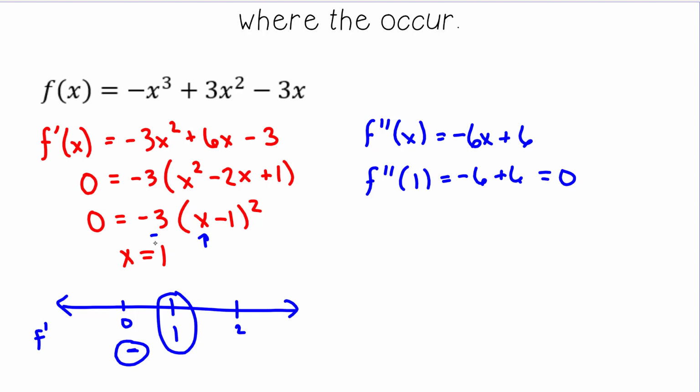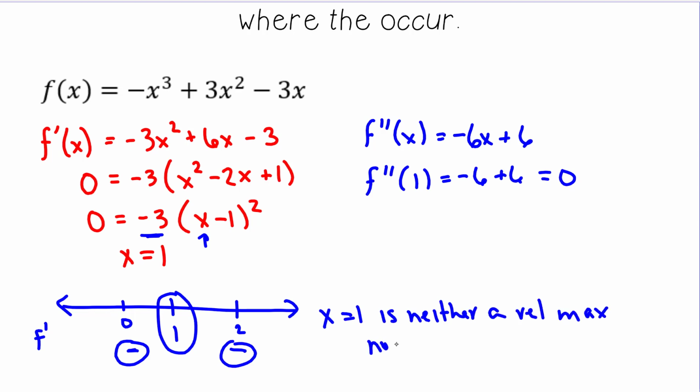If we plug 2 in, we have a negative number again, and we have a positive number again, so this is negative. So our derivative goes from negative to negative. It does not change signs. So x equals 1 is neither a relative max nor relative min.